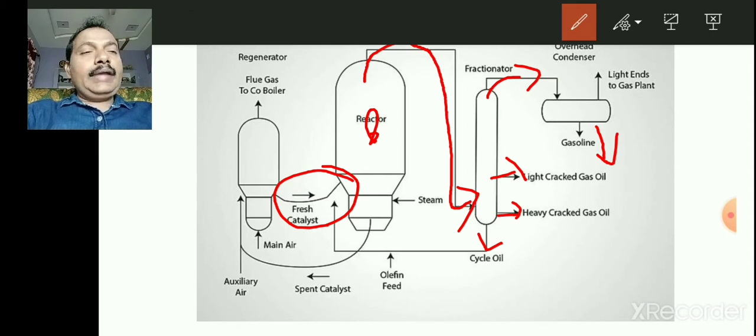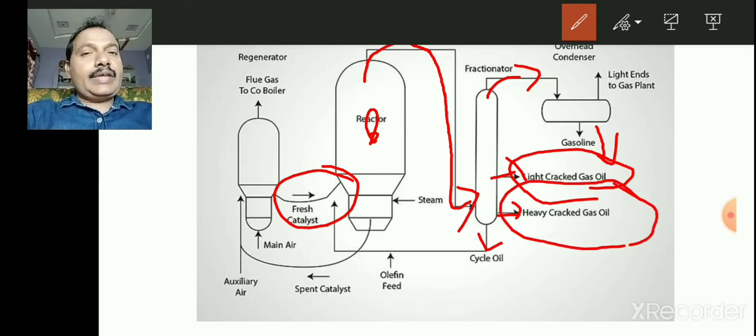So next, here light cracked gas oil is available, and heavy cracked gas oil is available here, and this cycle oil is fed as an olefin feed into the reactor once again. These are the steams.